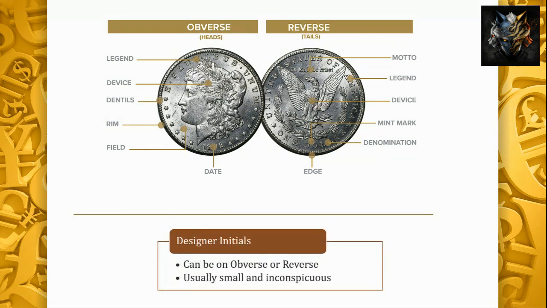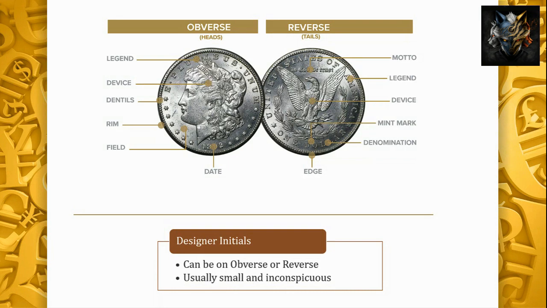Finally, in this particular item is going to be the designer initials. Now, the designer initials are something that you're not going to find on every coin. The 1910 to the 1917 Lincoln cent, they did not put the designer's initials there. They didn't have the designer initials VDB on the jacket of Lincoln until 1918.